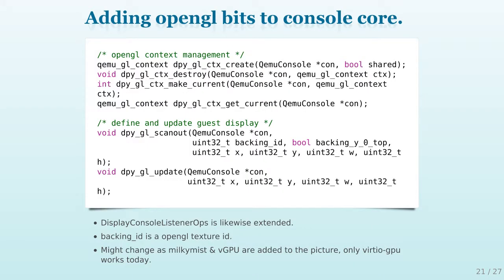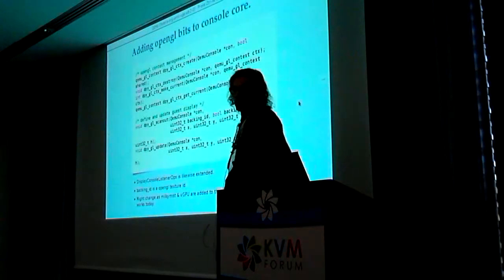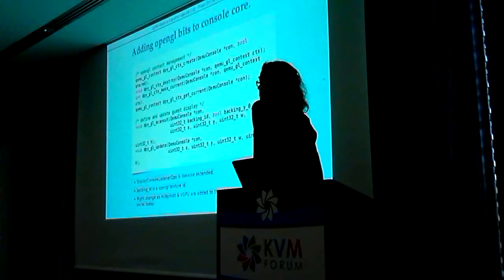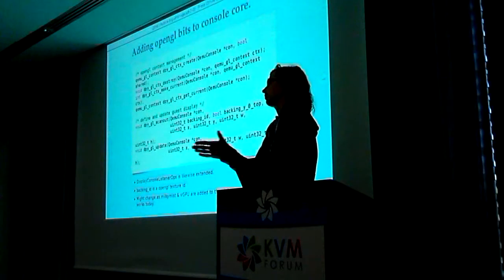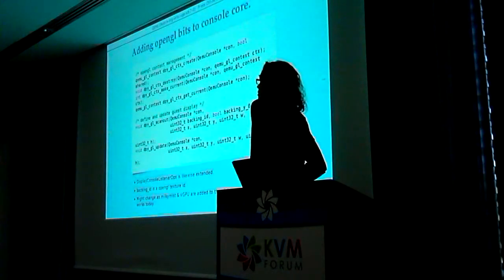So to handle that, we have to add some OpenGL support to the console core. First, we need a bunch of functions to handle OpenGL contexts. This is because you can only set up OpenGL once in a process. So we can't have the rendering code do its own initialization and have the SDL code also do its own OpenGL initialization.